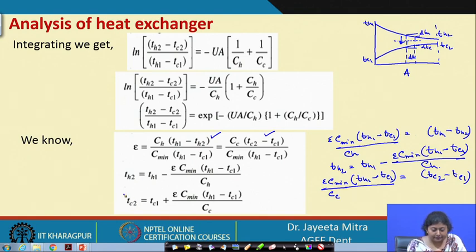Now in this case that we are getting Th2 minus Tc2, here we will substitute these two equations. Okay. So from here Th2 minus Tc2, we will put these two equations to remove this value Th2 and Tc2, right.